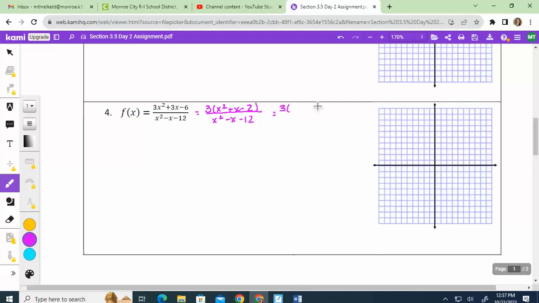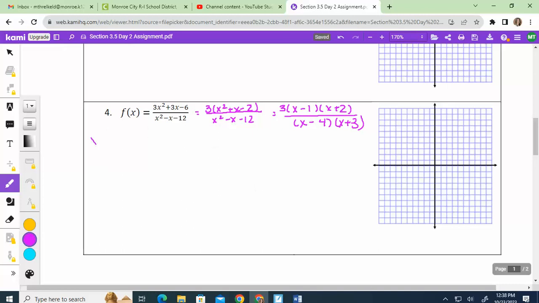So what multiplies to -2 and adds to +1? And this, multiply to -12 and add -1, so -4 plus 3. Does anything cancel out?